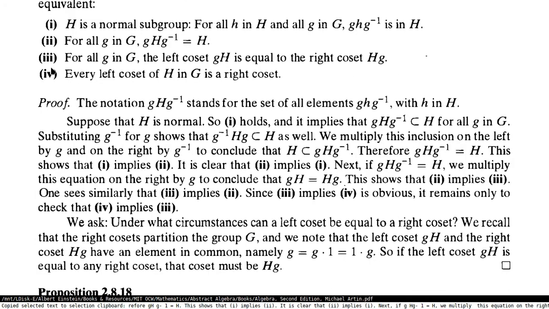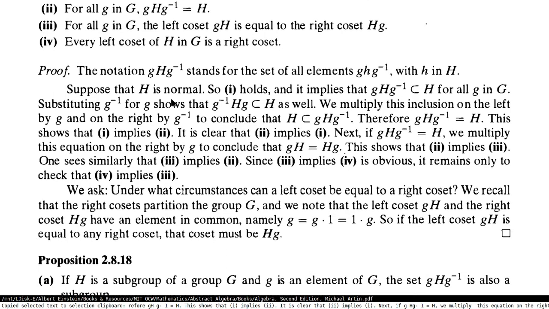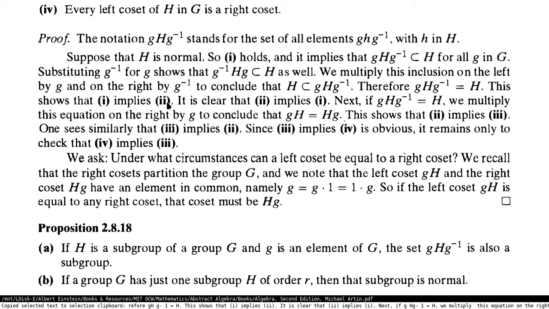So you have to show that 4 does imply 3. So every left coset of H in G is a right coset, right? Okay, so we know that the left coset and the right coset always have one element in common, right?